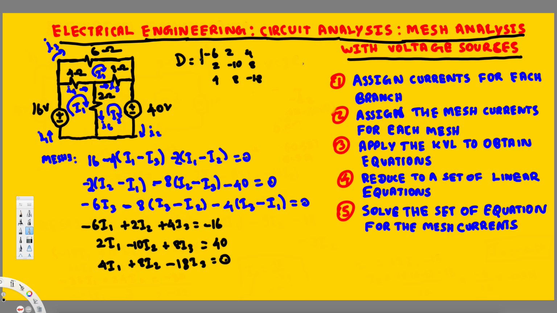And the easiest way to do Cramer's rule is cross multiplication. Like if you have to write the first two terms again. So this is going to be minus 6, 2, 4, and then we are going to have 2, minus 10, 8, right?